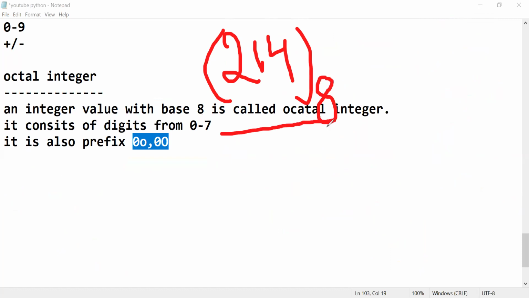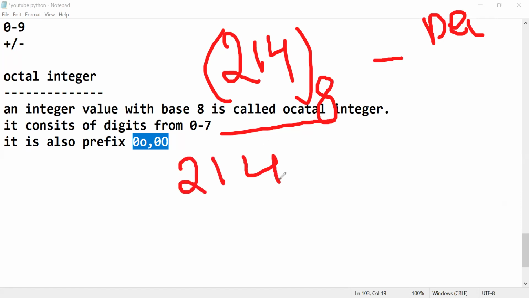Because we have base 8. If you want to convert an octal number into a decimal number, you have to multiply, right? We take it as 2, 1, 4, and here you have to mention this is the 0 position, this is 1, this is the second position. So the value of the base is 8.